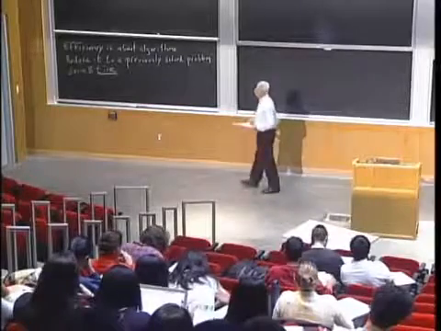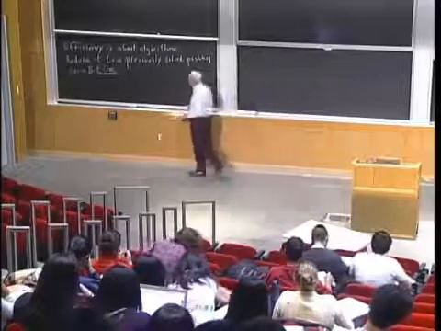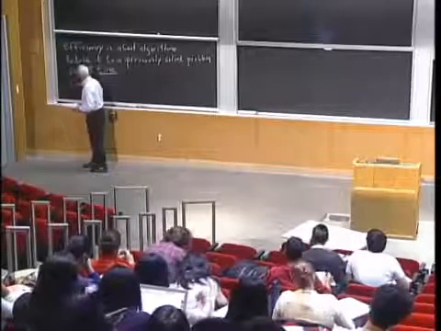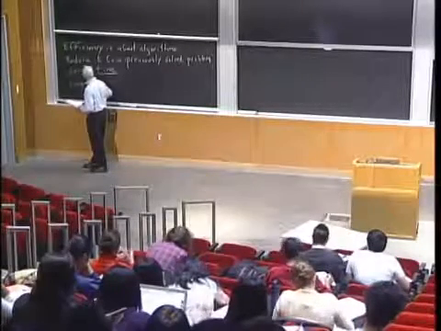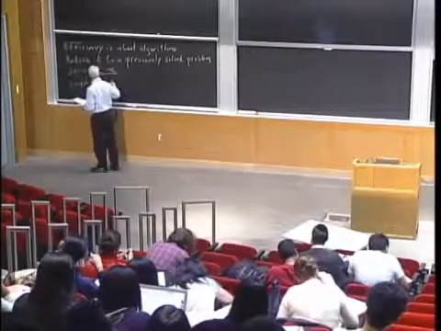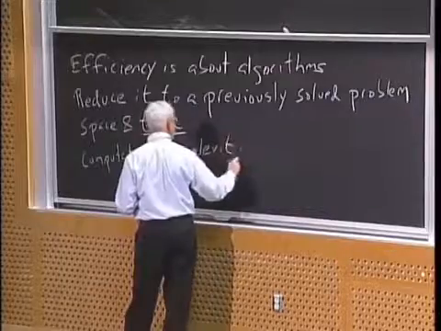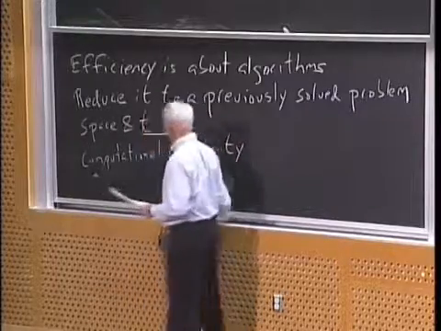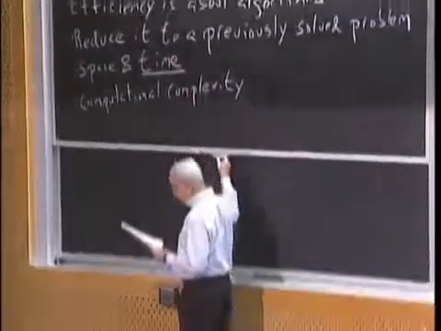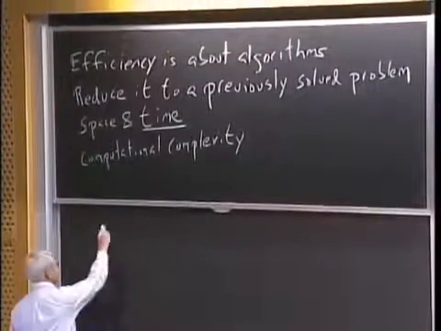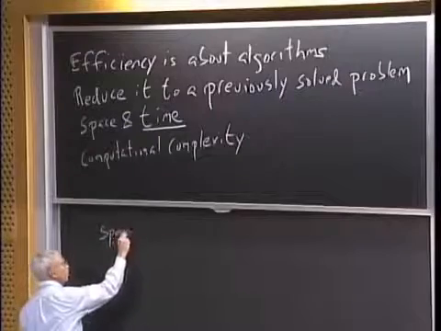The reason we don't think about computational complexity, and that's really what people call this topic, in terms of how long a program takes to run on a particular computer, is that it's not a stable measure. It's influenced by the speed of the machine.